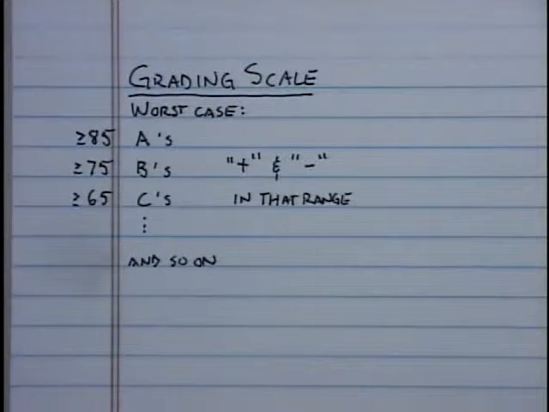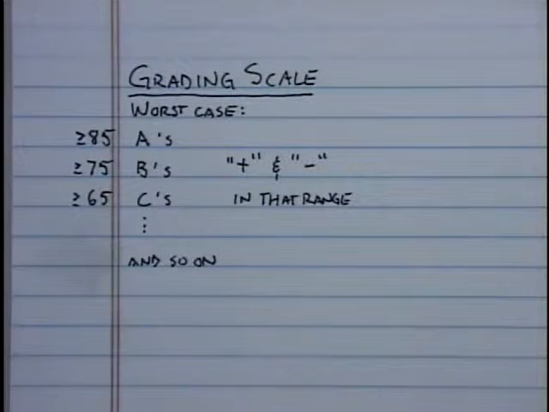The middle 4 scores would be the B's. And the bottom 3 scores in that range would be the B minuses. Okay, that's the way I usually award pluses and minuses in the various ranges.